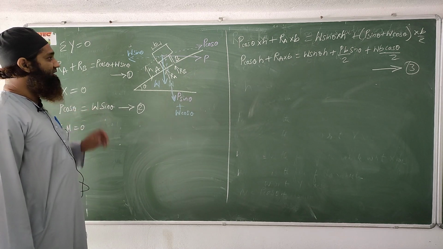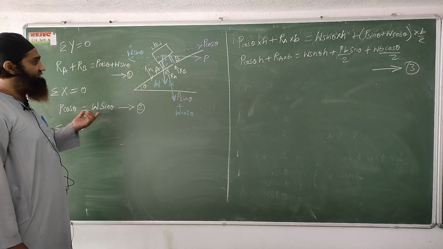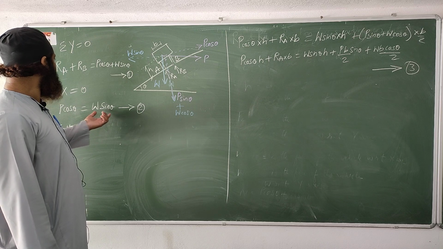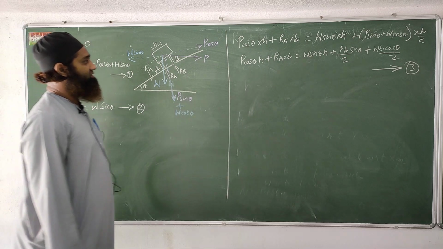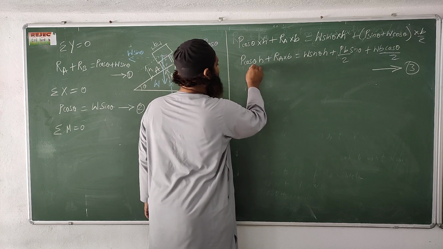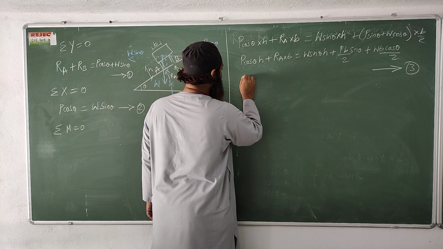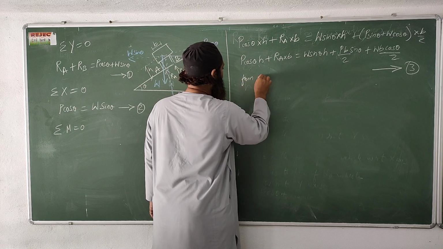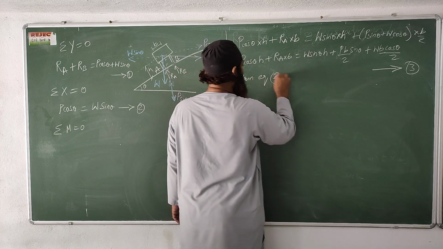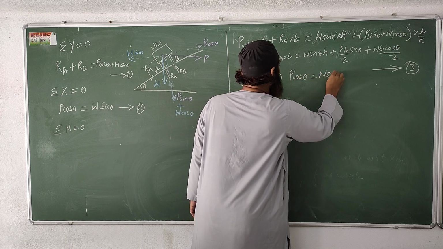From equation 2, P cos theta is equal to W sin theta.